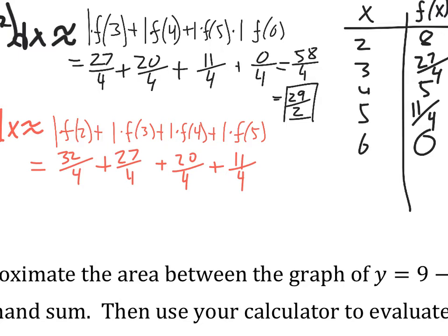I already know that because that's what we did above. So 58 and 32 gives us 90/4, and that's 45/2, or 22.5.